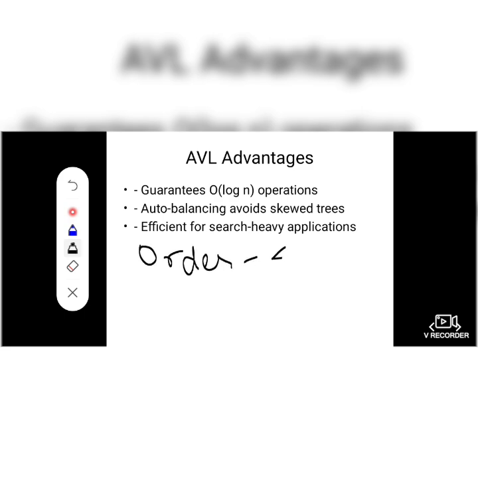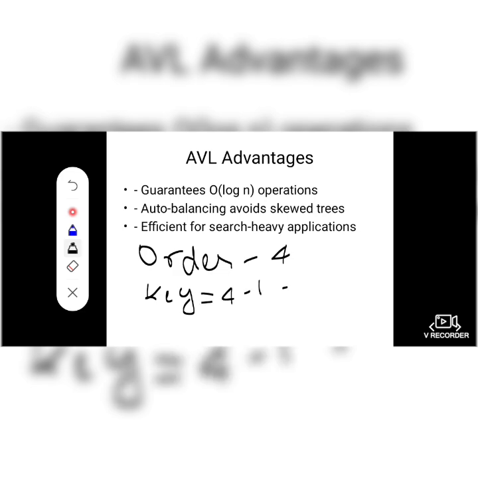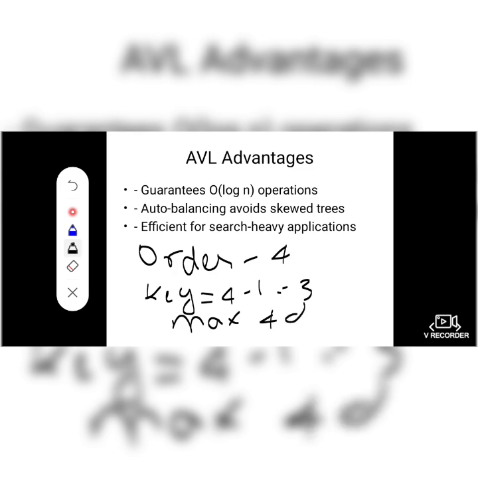Let us think the B-tree has order 4. It is our wish, we can take any order. It means the keys must be order minus 1, like 4 minus 1, so 3 keys should be there. It means it has a maximum of 3 keys and a maximum of 4 children. So this is the main thing in B-tree.